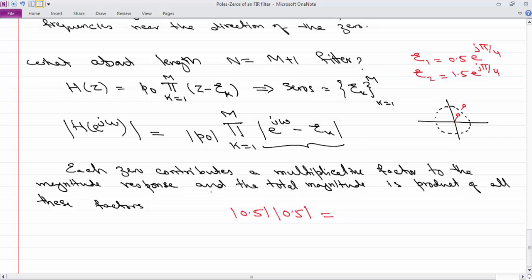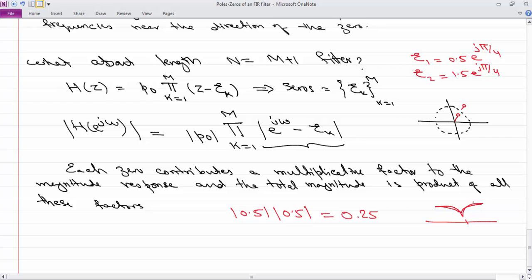So my total, assuming P0 is just 1, my total magnitude is going to be 0.25 or 0.5 squared. So if with one zero in the pi by 4 direction, I was coming down up to this point, 0.5, now with two zeros in the same direction, I am now going to come down even lower, up to 0.25.